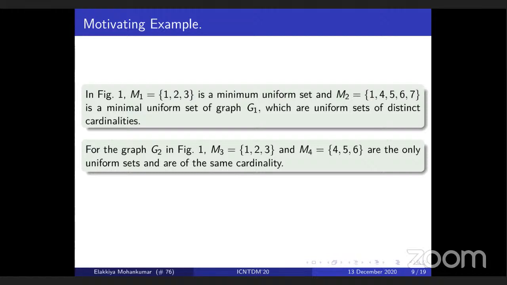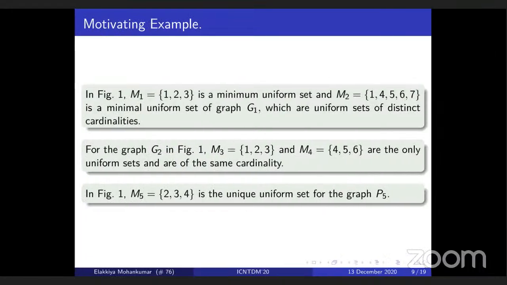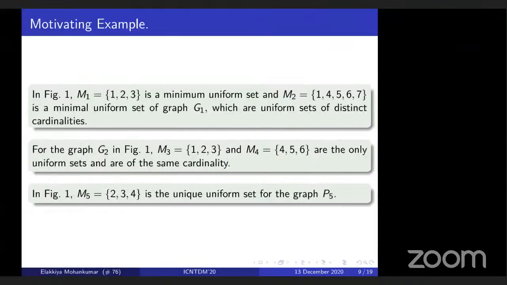So here we are seeing that the uniform sets for the graph G1 are of distinct cardinality, and for G2 are having the same cardinality. And then in the same figure 1, M5 equal to {2, 3, 4} is the unique uniform set for the graph P5.